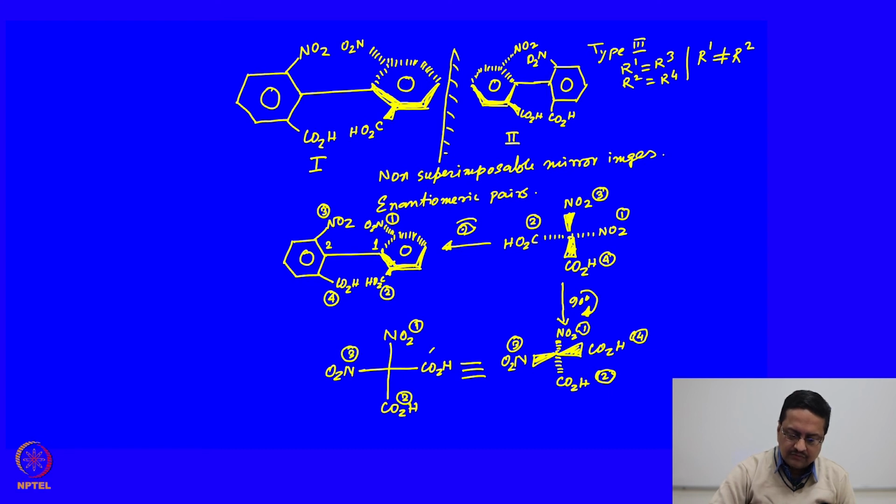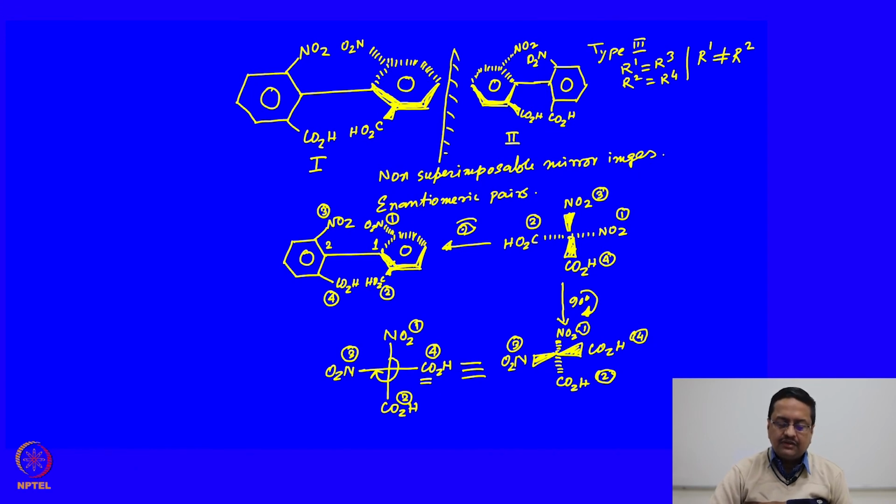And we have the priorities 1, 2, 3 and 4. What we see here now, 1 to 2 to 3 is clockwise, which means it is supposed to be the right or R isomer, but what we see is the fourth group, the lowest priority group is in the horizontal line.